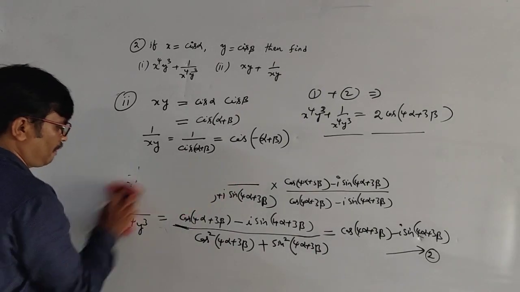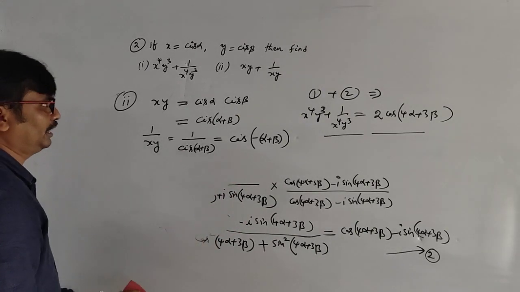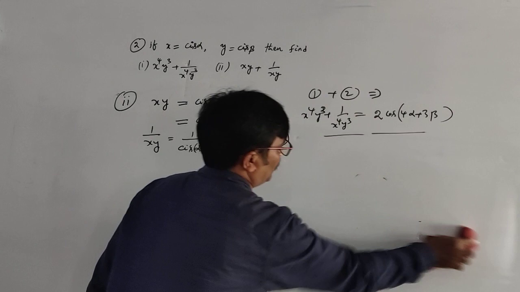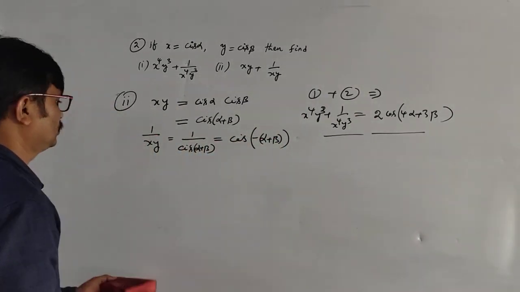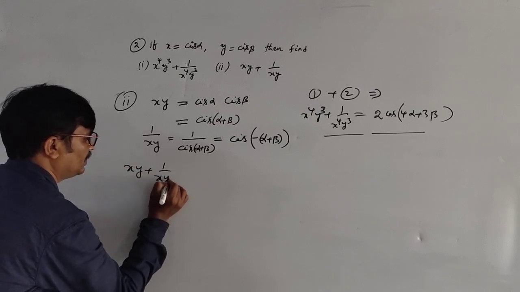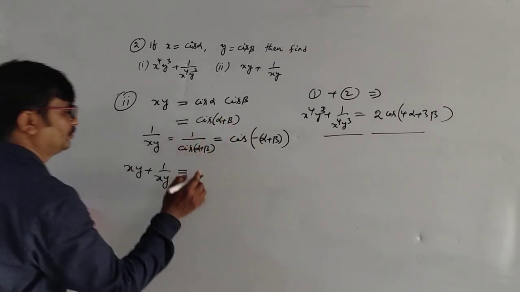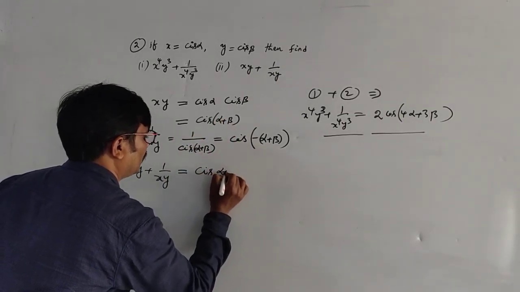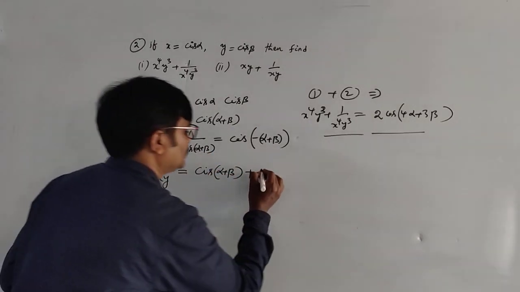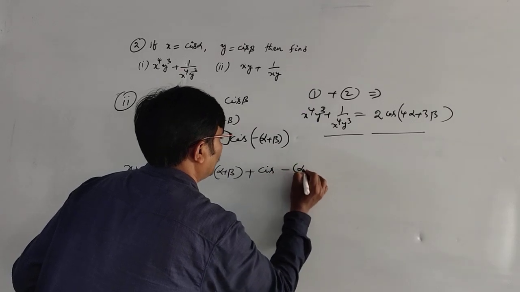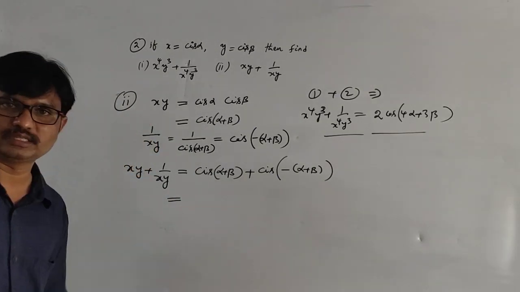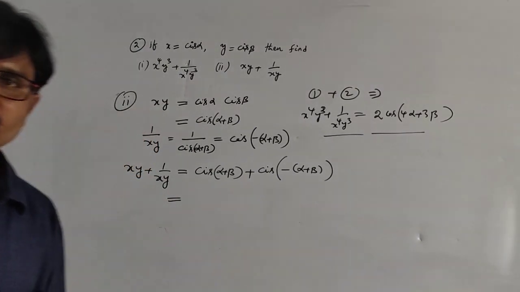So students, how can you write the value of xy plus 1 by xy? Xy is cis of alpha plus beta, 1 by xy is cis of minus of alpha plus beta. So students, cis means cos of alpha plus beta plus I sin of alpha plus beta.